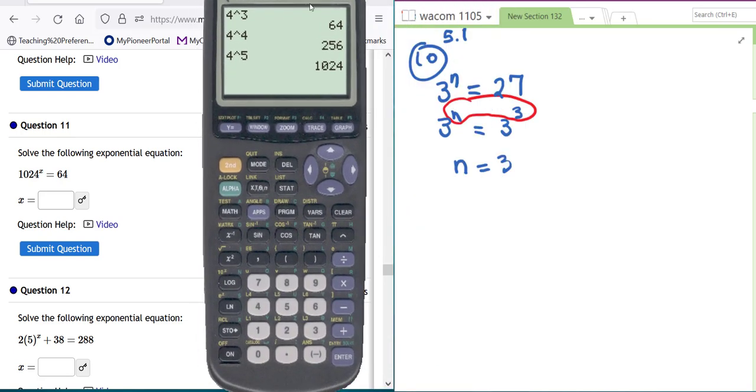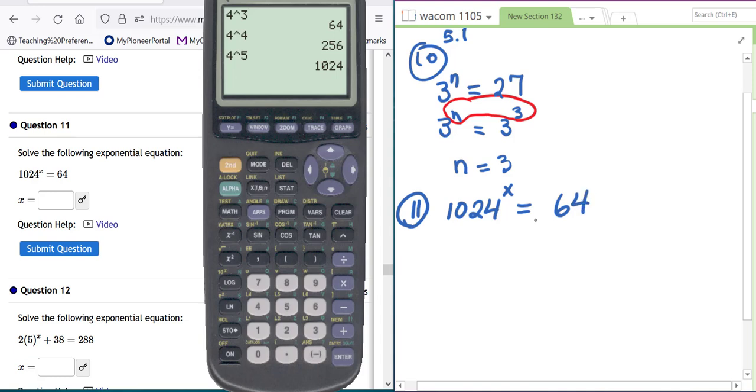All right, so this is 11. I'm going to write the original problem. So we have 1,024 to the x equals 64. So we didn't really use anything that's there. I'm rewriting both of them.